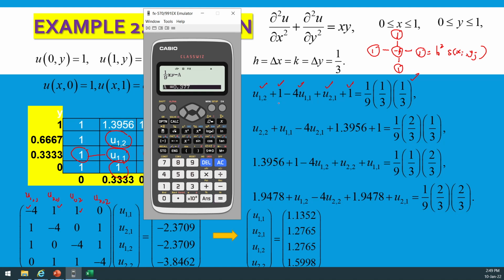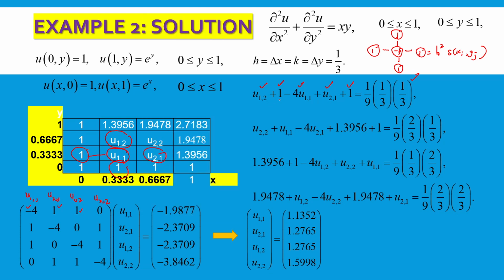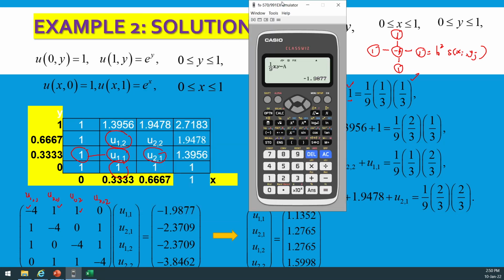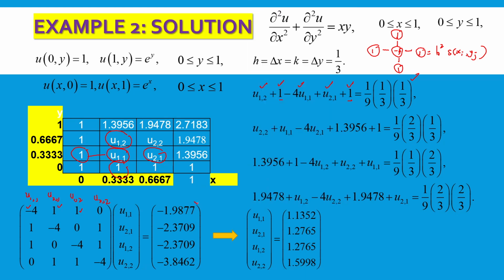A is actually the left hand side coefficient, 1 plus 1 total is 2. So a is 2. So you get here negative 1.9877, the vector b1 here.